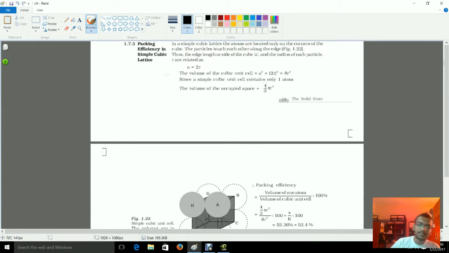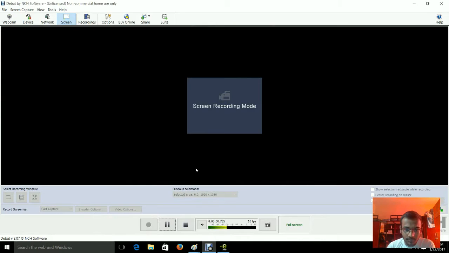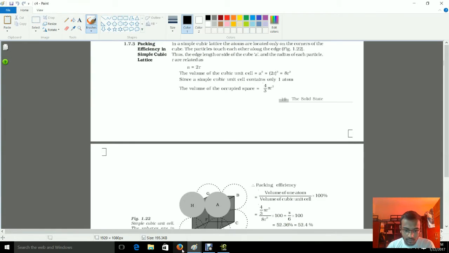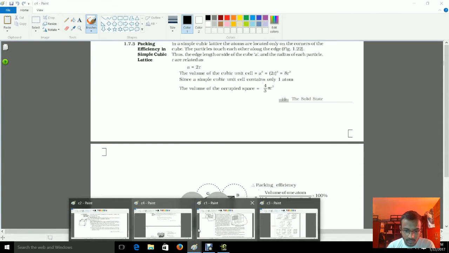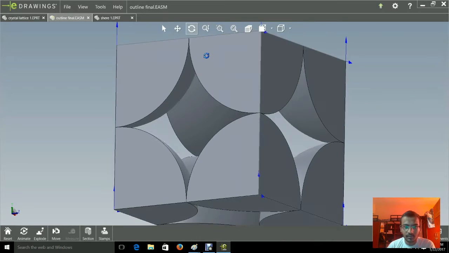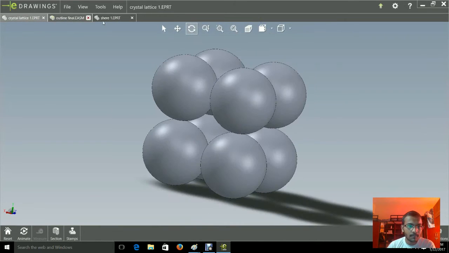Now what is packing efficiency? Let us find the packing efficiency of this simple cubic lattice, as you can see in this diagram. Each side of the cube consists of the radius of one atom and the radius of the other atom.